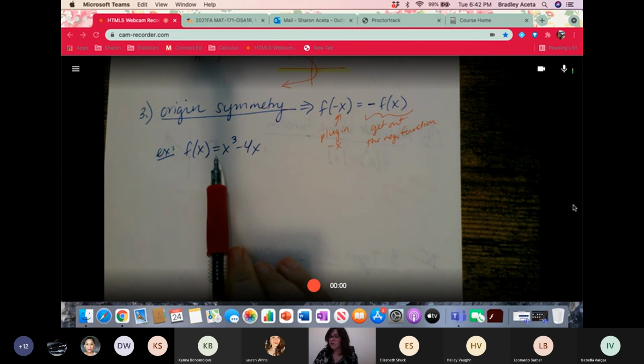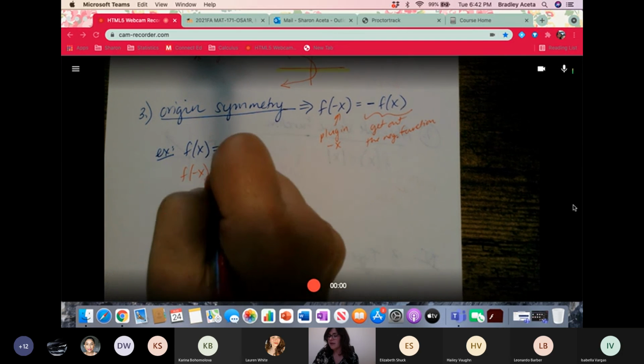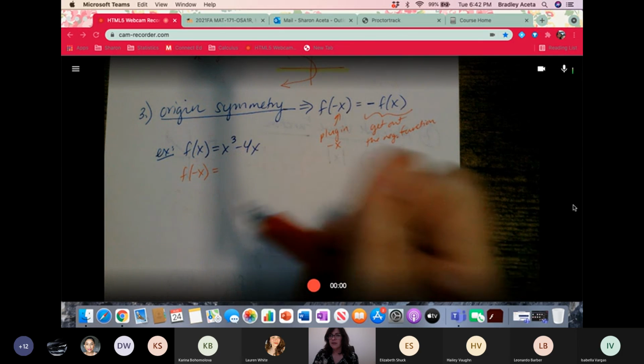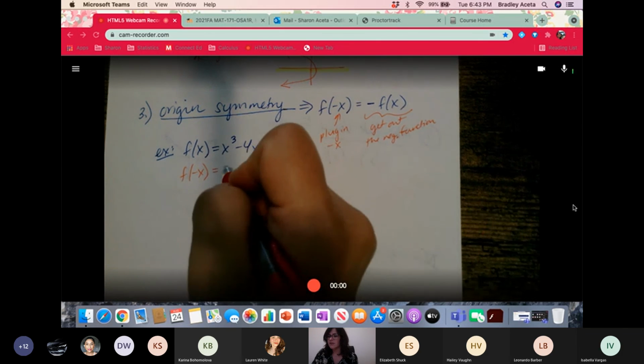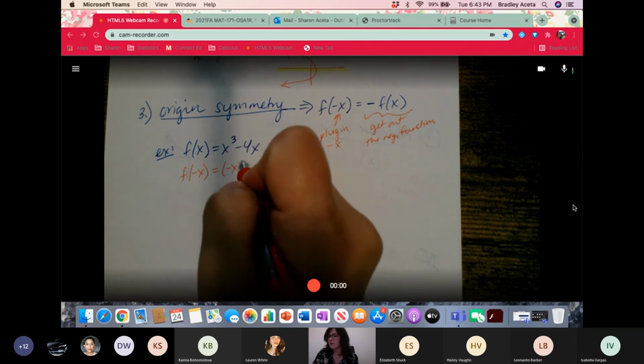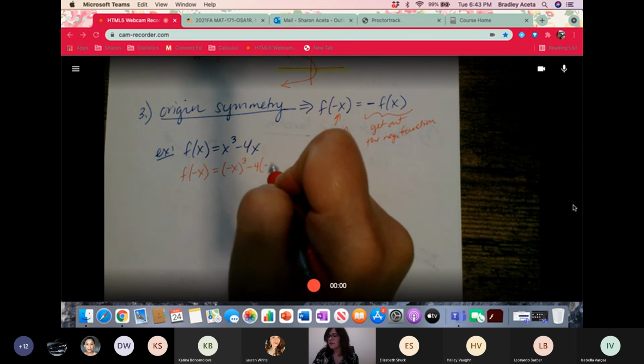So algebraically, if I plug a negative x in everywhere I see an x, and I simplify it, I should get the opposite of the original function, the negative of it. So let's see, negative x for this x, cube it, minus 4 times negative x.